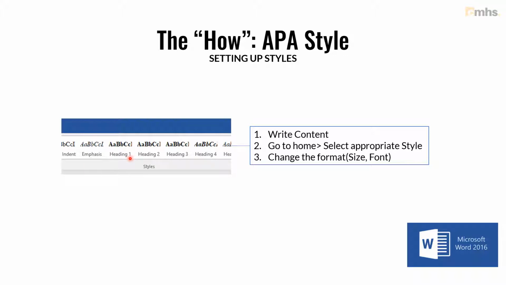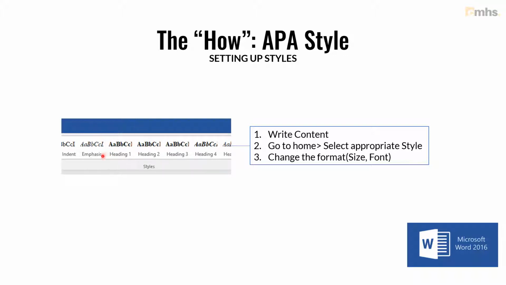So let's say I write my heading in normal font, any font. Then I select the entire thing and click on heading 1. After that, I write the body of the document and click on normal. After that, I would write one more heading, which is also a heading 1.